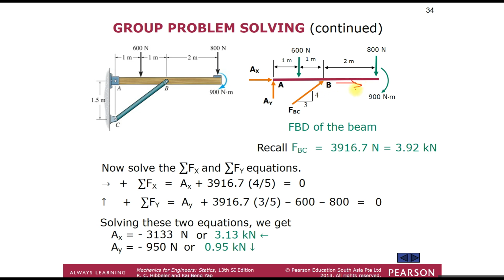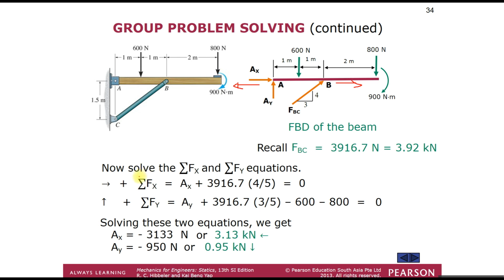So we will get the value of AX as minus 3130 Newton, so the correct direction is this way. We can maintain the value negative as long as we maintain the direction.